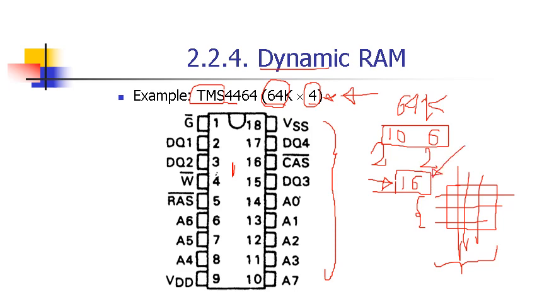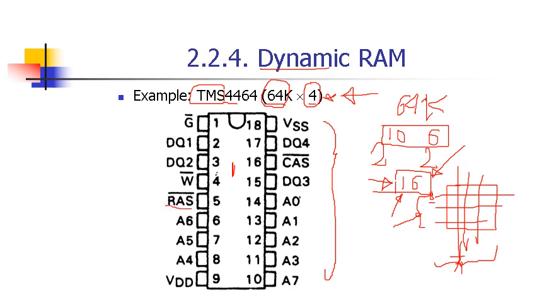For example, instead of providing 16 bits, you can provide only 8 bits to access a row and 8 bits to access a column. And you switch between accessing a row and accessing a column by 2 signals.